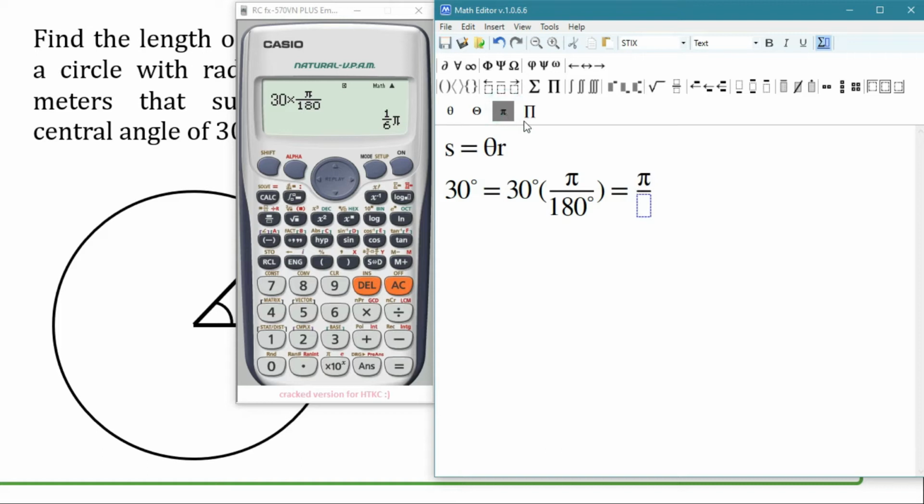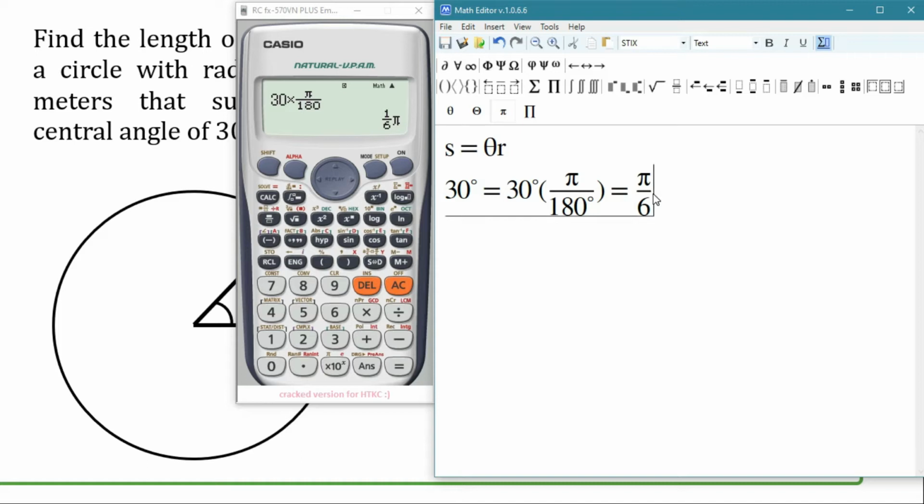So this will be the equivalent value of 30 degrees in radian measure, and that would be pi over 6, in terms of pi.